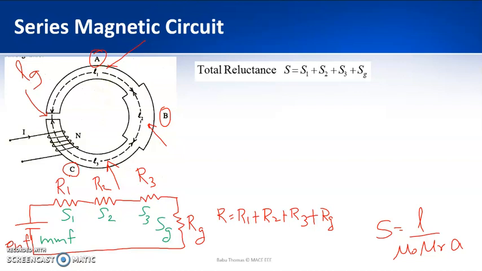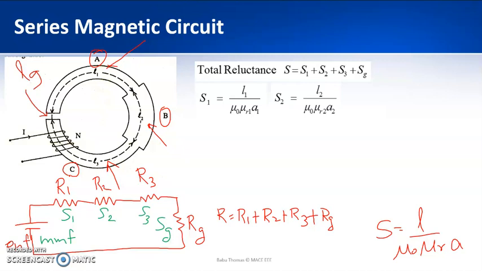For the respective length L1, the reluctance will be L1 divided by mu 0 mu r1 into A1. It is mu r1 because we can put different kinds of materials together in series, so those relative permeabilities will be different.